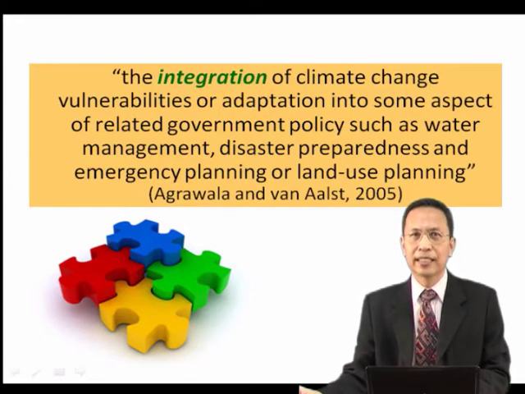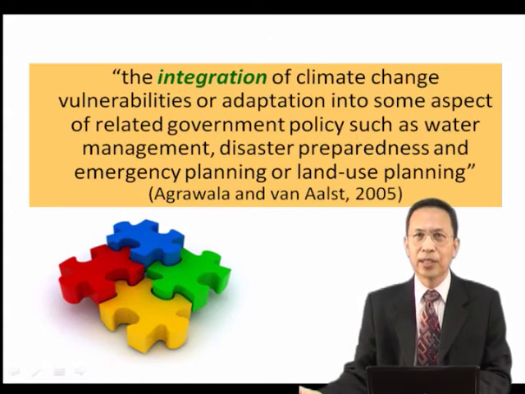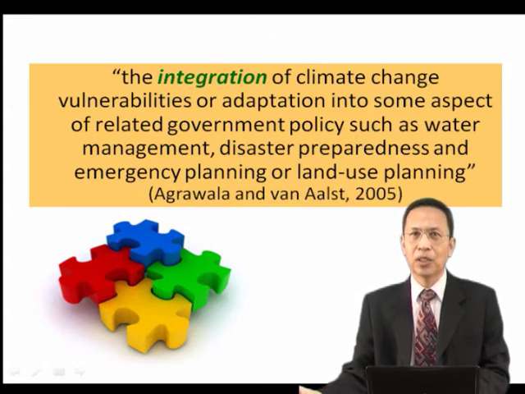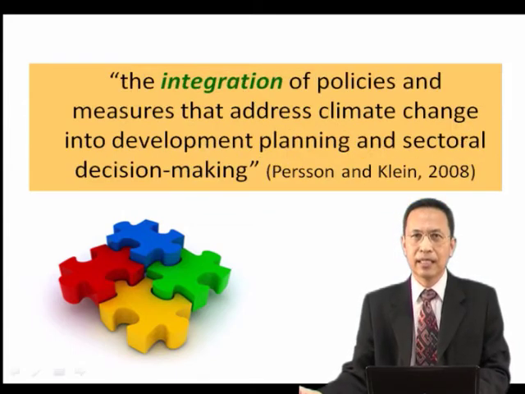Another definition says the integration, again note that word, integration, of climate change vulnerabilities or adaptation into some aspect of related government policy such as water management, disaster preparedness, and emergency planning or land use planning. And finally, again, it is the integration of policies and measures that address climate change into development planning and sectoral decision-making.